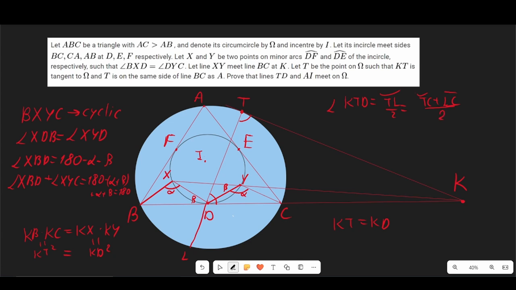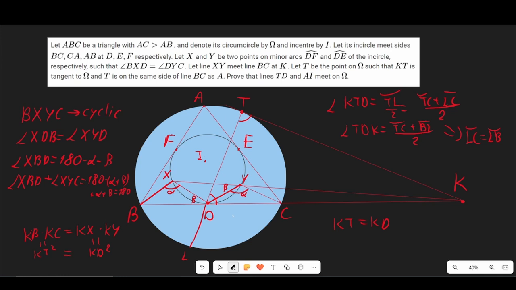While angle TDC, or TDK, they are the same, TDK is half of arc TC plus arc BL. So by using these two equations we get that arc LC equals arc LB. So this means that L is the midpoint of arc BC.